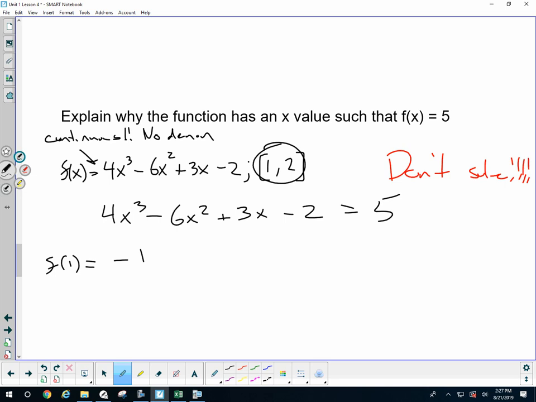Okay, great. Let's look at 2. So this is 8 times 4 is 32, minus 24, that's 8, plus 6, which is 14, minus 2 is 12. So this is 12. Okay, so I don't know what the solution to this equation is, but I do know I have 2 points: 1, negative 1, and 2, 12.